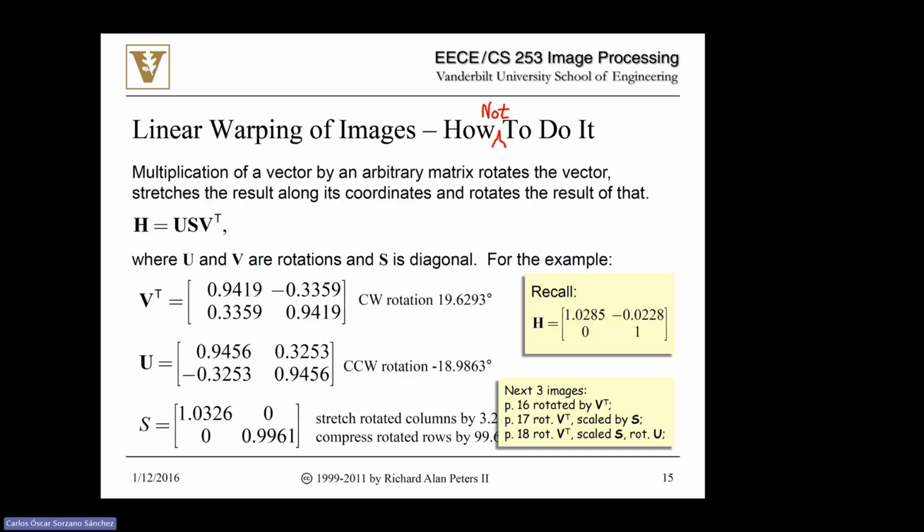Okay, so let's see if we can do better. Before doing that, we will introduce a notation. Any matrix you can decompose in this way.